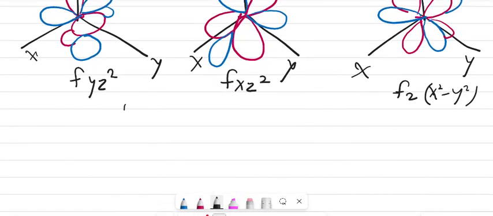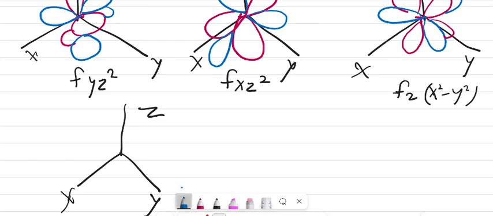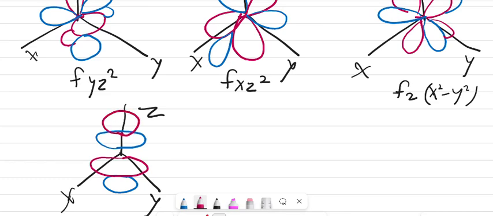Now the seventh one, with x, y, z axes. This is fz3.